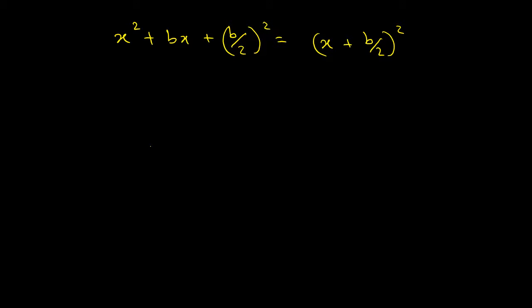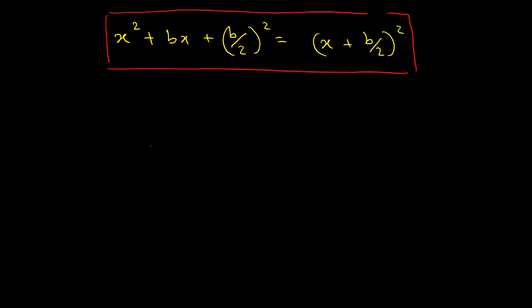If you remember this formula, then you can do this problem much quicker, because you notice that in this problem what we have is x squared minus 6x plus 9, and this is x squared minus 6x plus -6 over 2 squared.